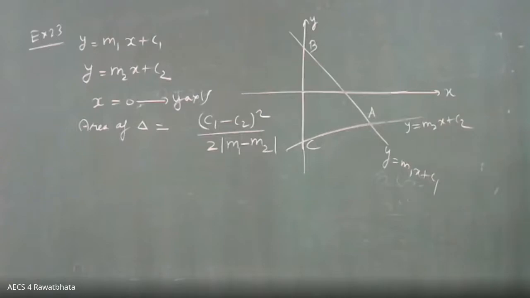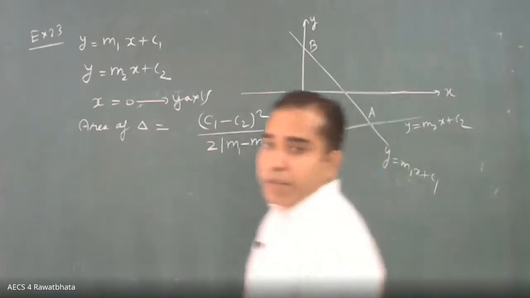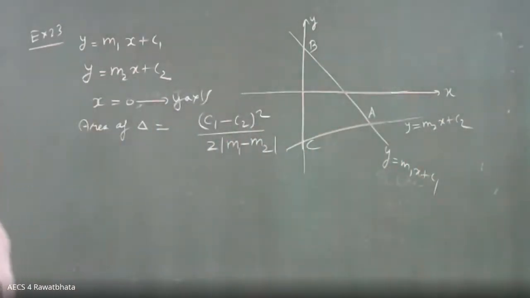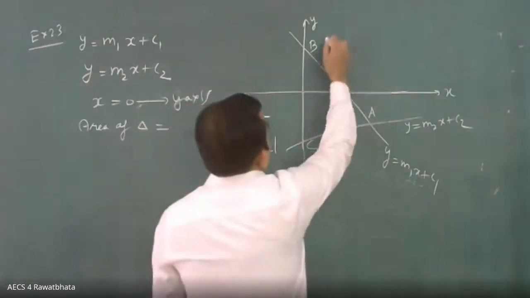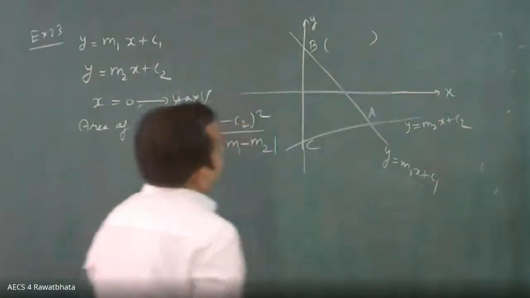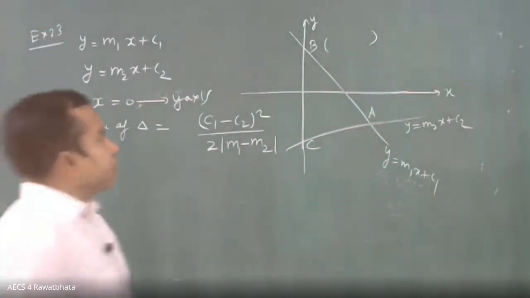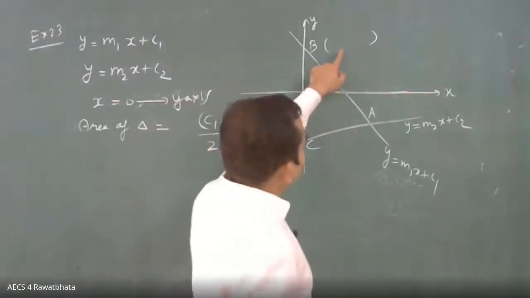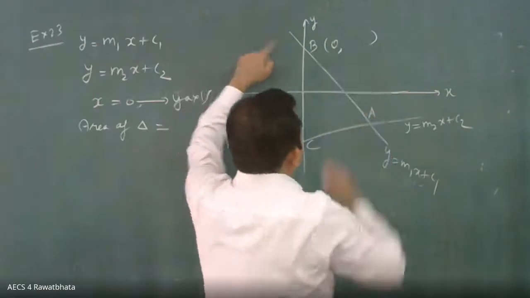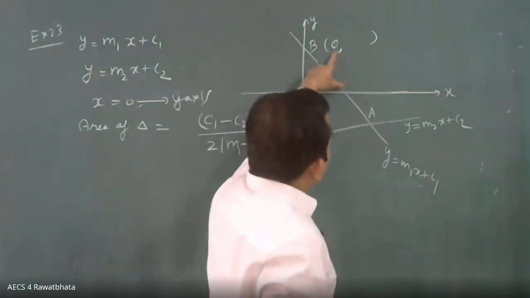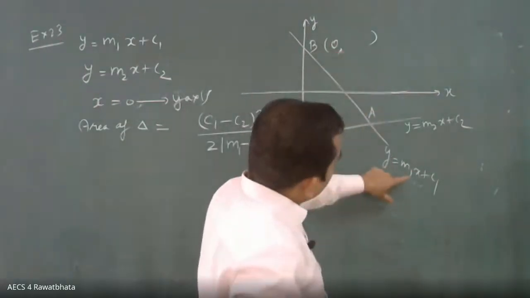So I think we need coordinates for all the 3 points. So how to get B's coordinates? B point is lying on the y-axis and thus its x coordinate will be 0. So its coordinates will be 0 comma, and how to get the y coordinate? You put x equal to 0 here.